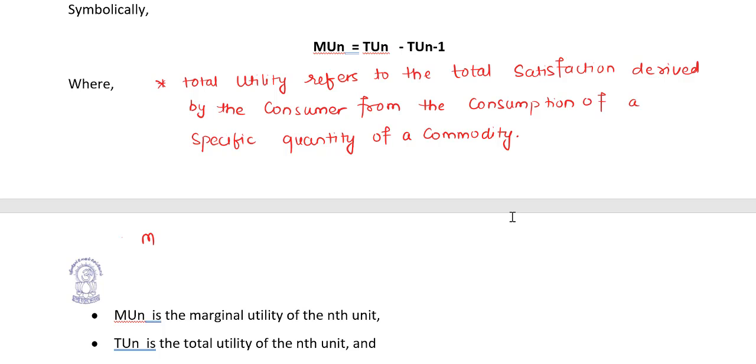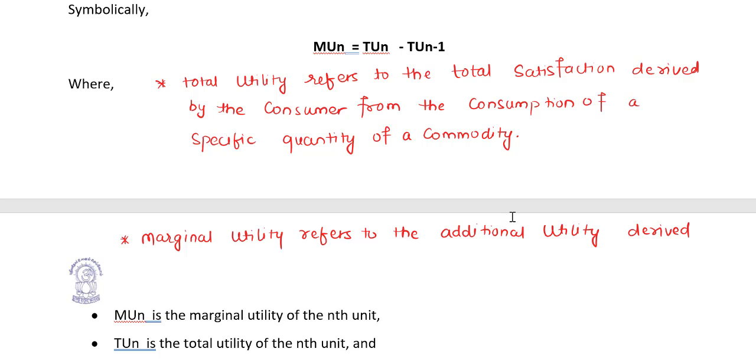Whereas marginal utility refers to the additional utility derived from the consumption of one extra, additional unit of a commodity.